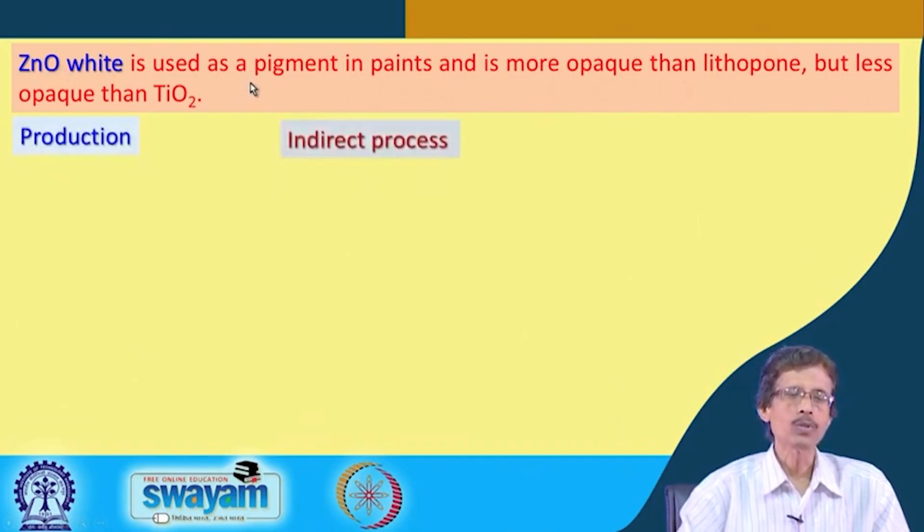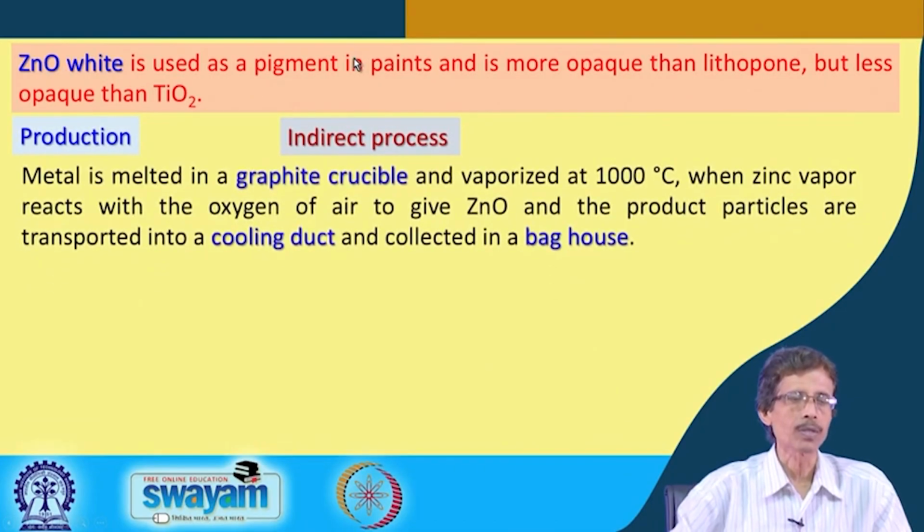So how do we produce it? One process is the indirect process. We take zinc in the metallic form. Zinc metal is melted in a graphite crucible, a high temperature withstanding crucible that can withstand 1000 centigrade, and you get zinc vapor, which is allowed to react with oxygen at a high temperature. That immediately gives you zinc oxide, in smaller particles.